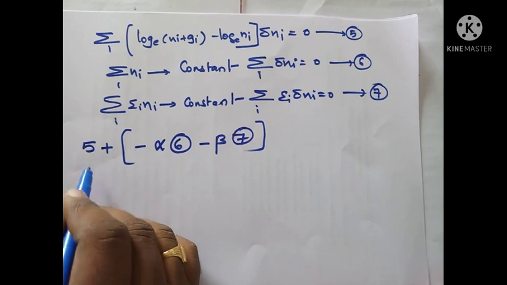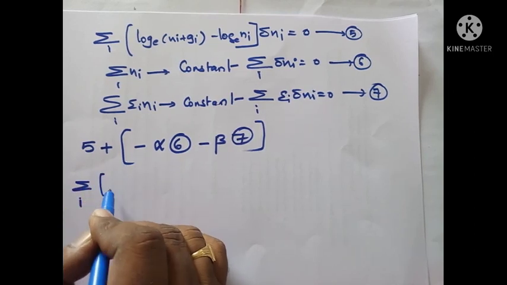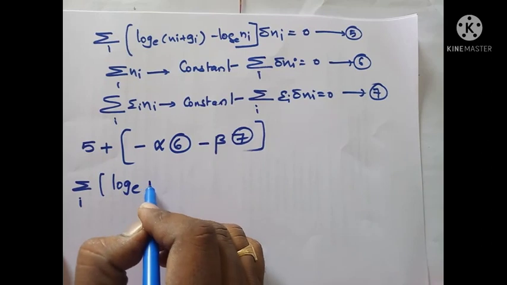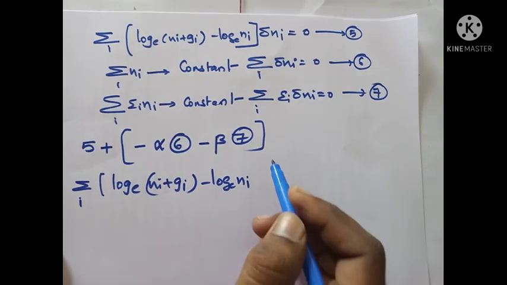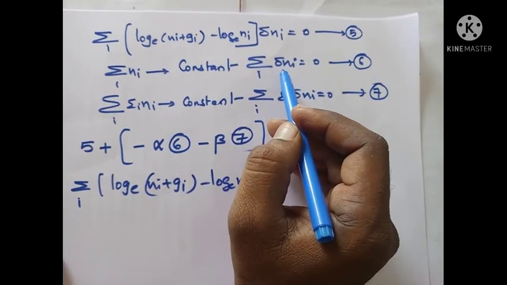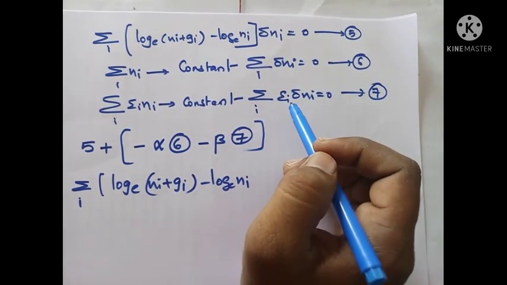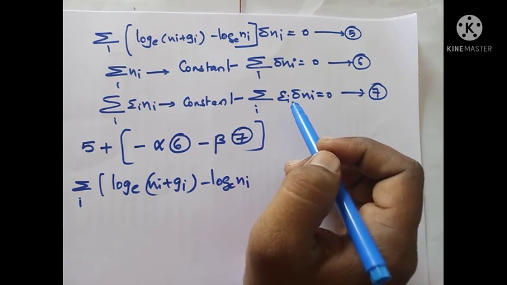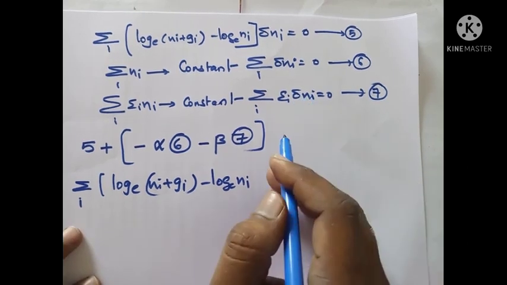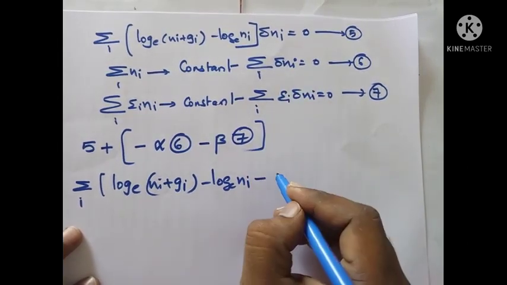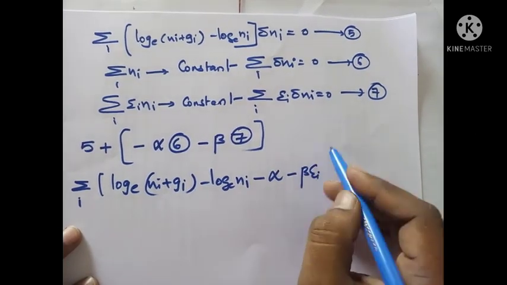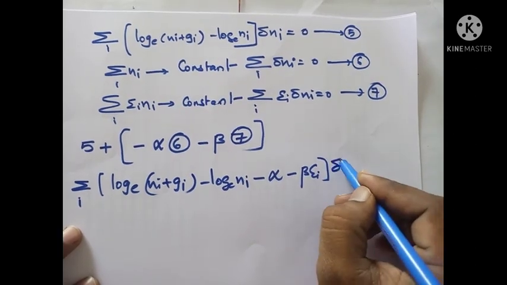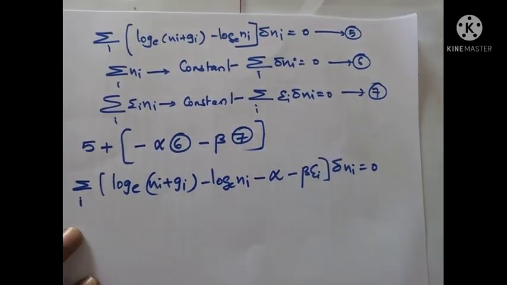Okay, now let us take summation over i, where it is log e (ni plus gi), minus log e ni. I am taking this one here. What we get there, if you take these two things, we'll get minus alpha and minus beta ei, and take ∂ni common, then close the bracket, and we'll get ∂ni equal to 0.